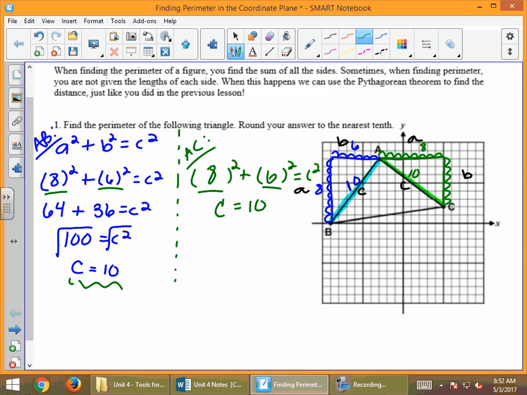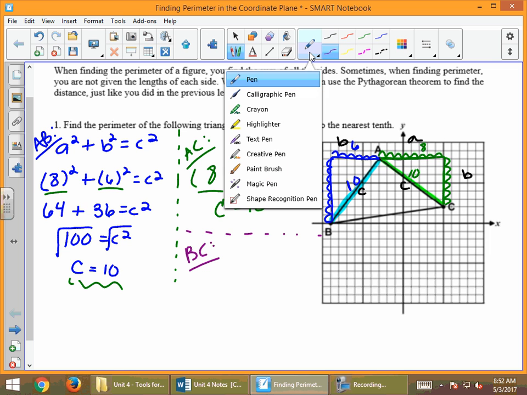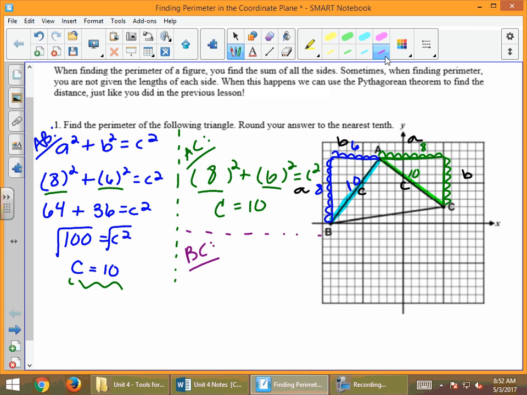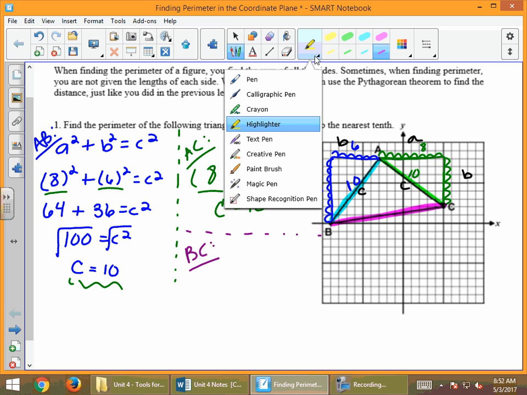So then we're going to repeat that same process to find our other segment, BC. I'll highlight BC right here. Make my right triangle.